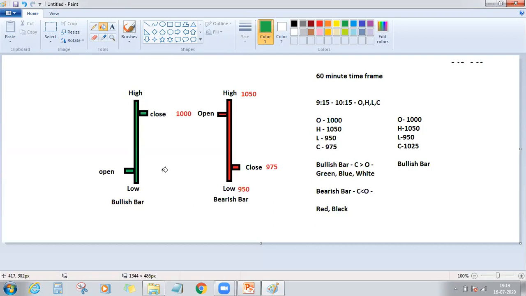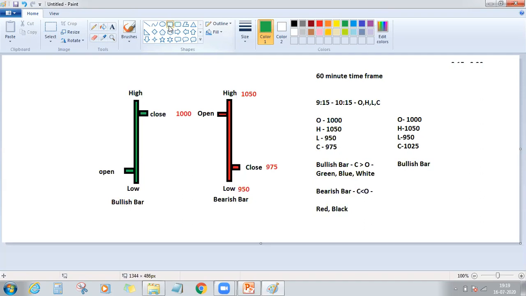Now the problem is for the first comers, they get confused with this left tick and the right tick. To solve this problem further, Japanese rice traders. So in Japan, this trading was famous since 16th century and 17th century, and in that era itself, we got these patterns.